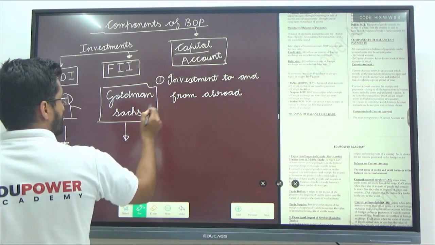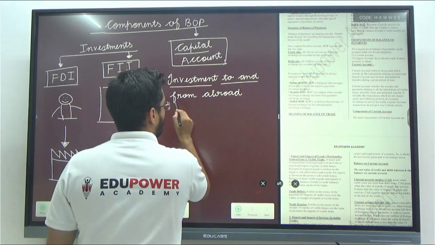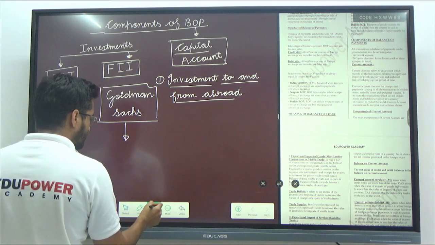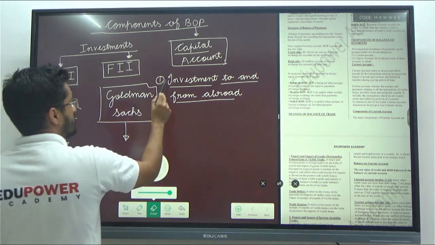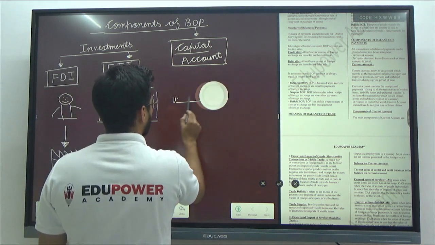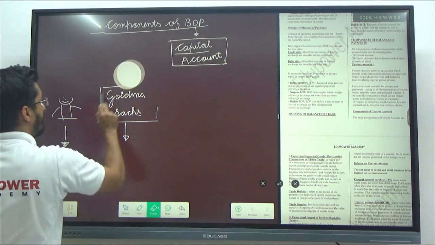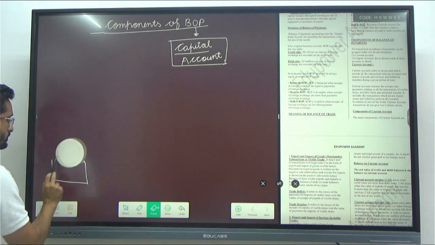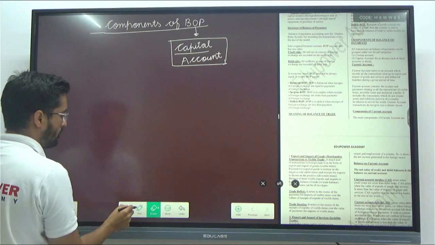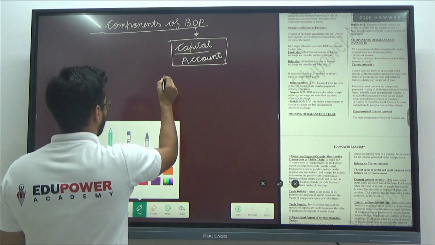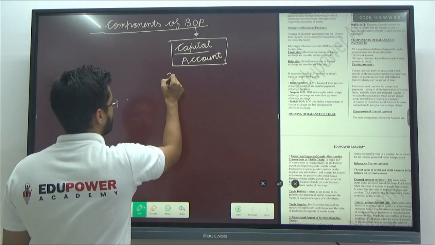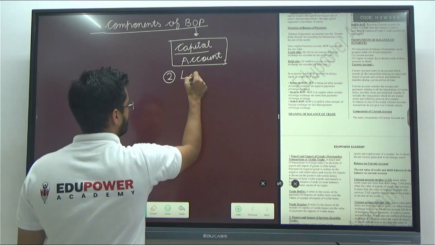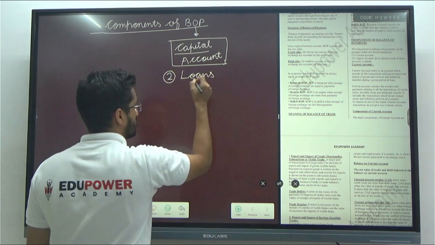Okay. So, the first head is investments to and from abroad. Next heading is loans to and from abroad. Loans. Okay.